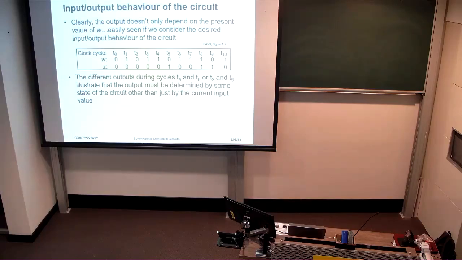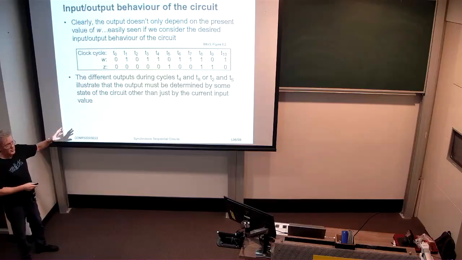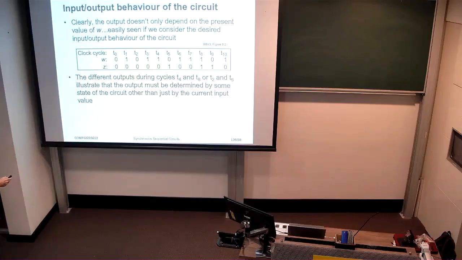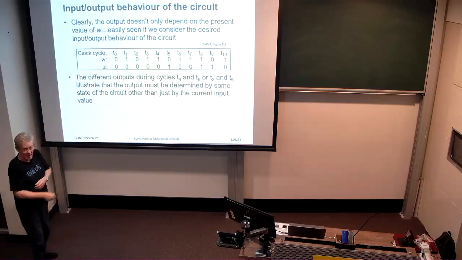I think this slide primarily tries to convince you that it's not possible to design a purely combinational circuit that would perform this function, because we can see that in periods T2 and T5 we have a 0 as the input, a 0 as the output in T2 and a 1 as the output in T5. And I think there are other examples such as T4 and T8, where we have a 1 as the input in both cases, but there's a 0 as the output in T4 and a 1 as the output in T8.